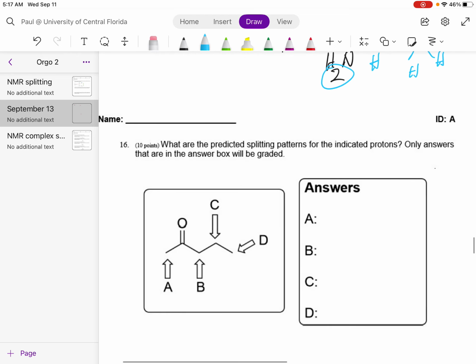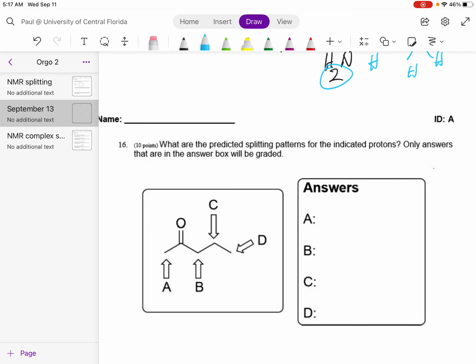Okay, what are the predicted splitting patterns for the protons? So A has to be a singlet. B has to be a triplet. C is a complex splitting pattern. That would be a quartet of triplets. And D would be a triplet as well.